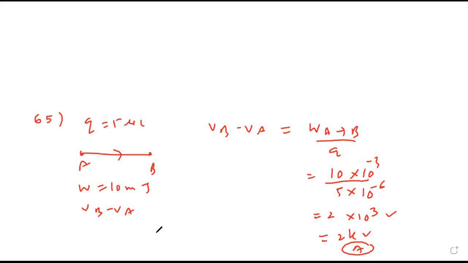Done? Done, sir. Okay. A body of mass 1 gram carrying a charge of 10 raised to minus 8 coulomb passes through 2 points P and Q. P and Q are at potential of 600 volt and 0 volt.